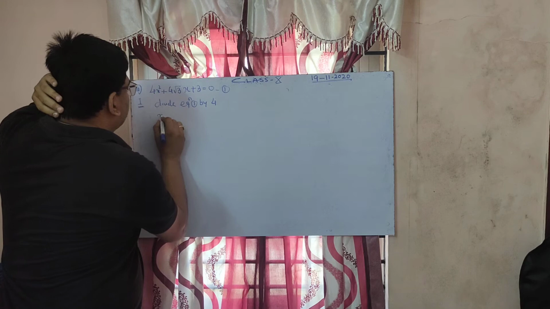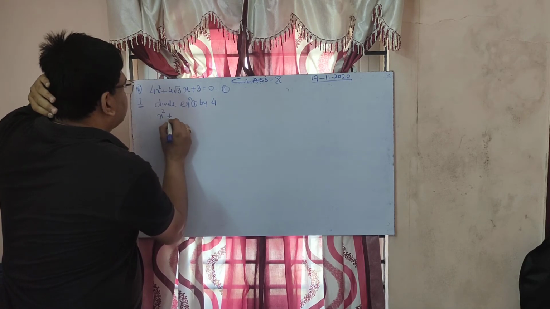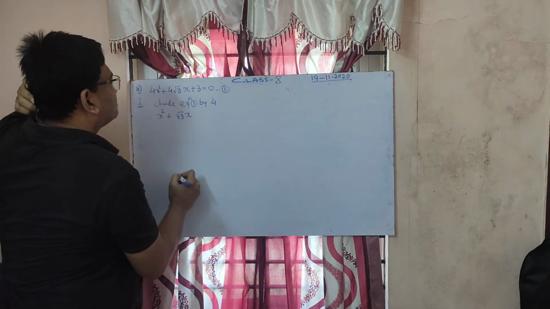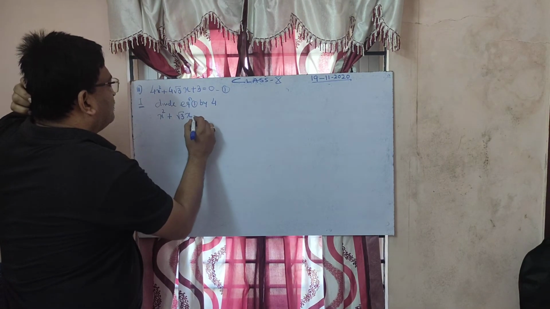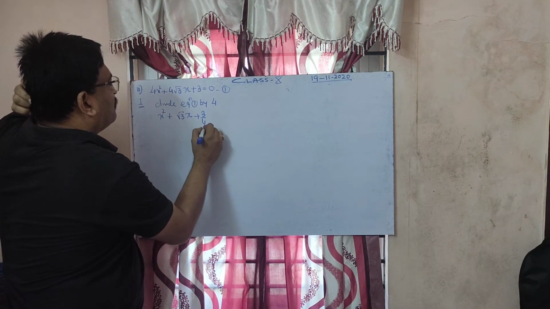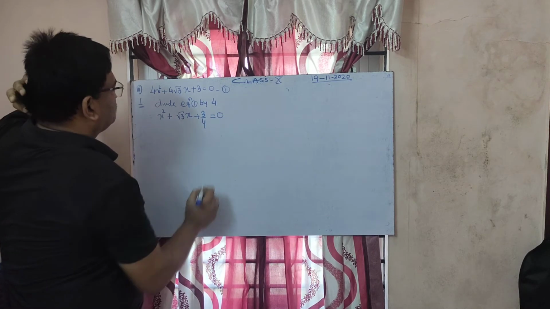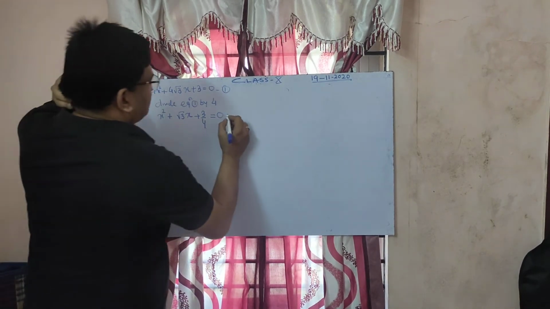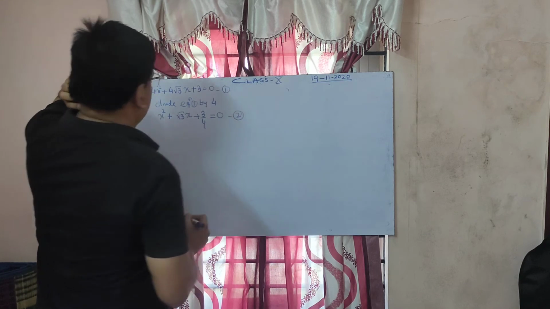So what happens? x square plus root 3x plus 3 upon 4 is equal to 0. Now this is equation number 2.